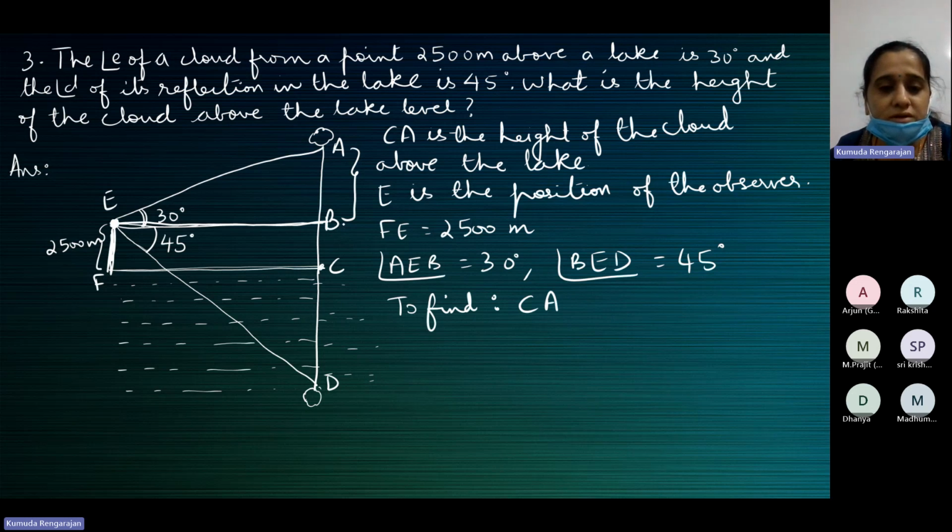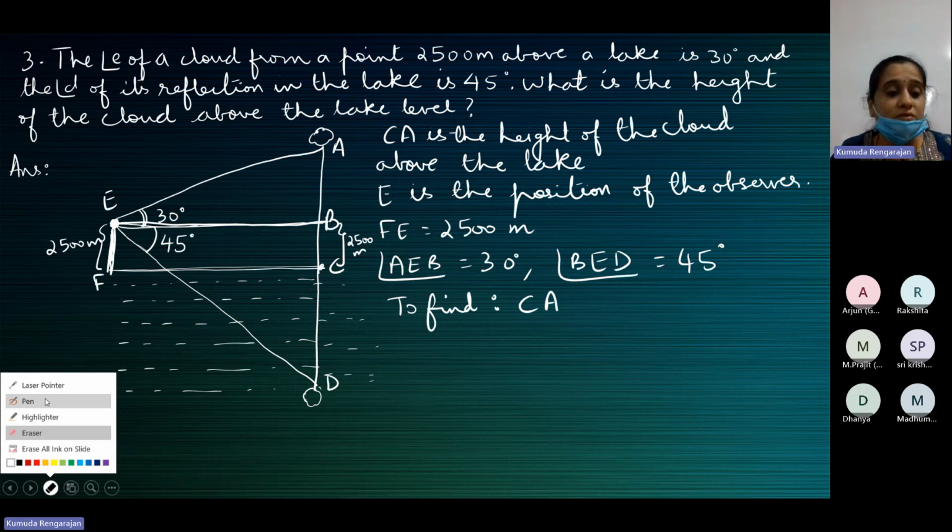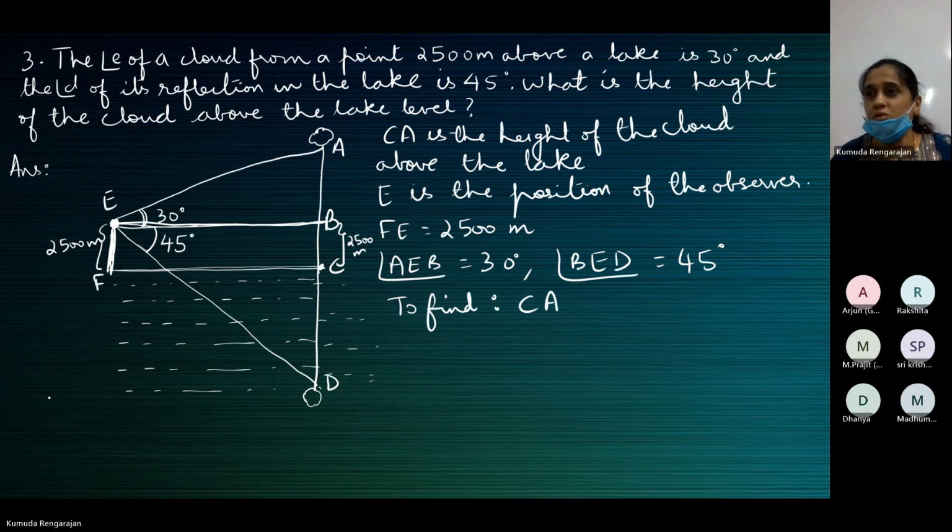All right. Now let's mark off what all we can further understand from this information. So this one, as we said, is 2500 meters. Whenever we have line segments of equal length, it's better we use variables X, Y and all that.